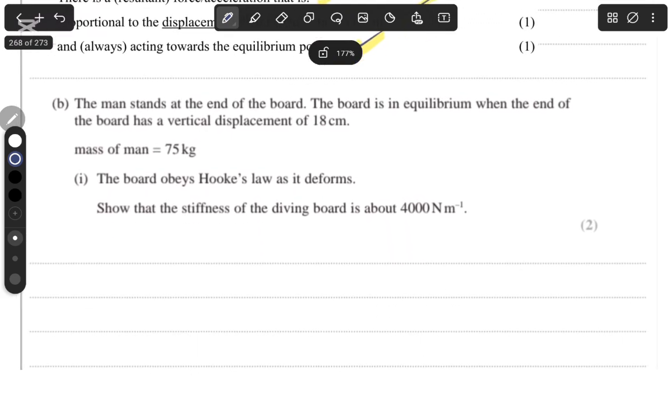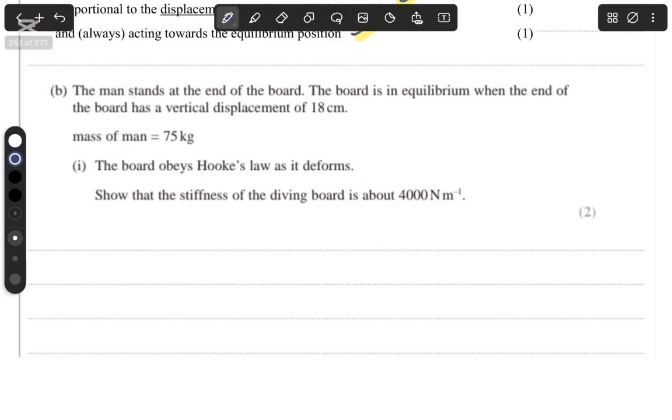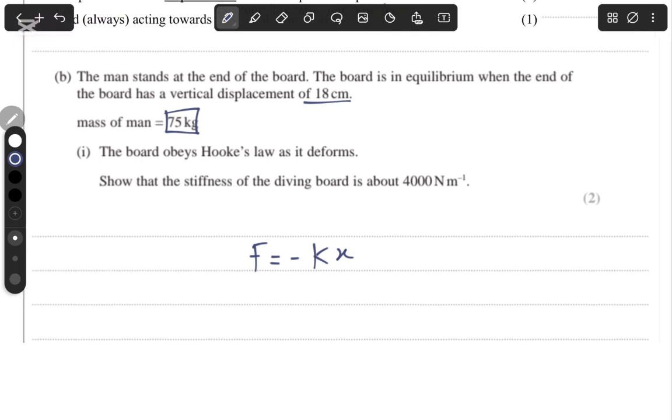Next is a man stands at the end of the board. The board is in equilibrium when the end of the board has a displacement of 18 centimeters. The mass is 75 kg. The board obeys Hooke's law as it deforms, so find the stiffness. You can simply say F equals minus kx, and then the force is just equal to mg.